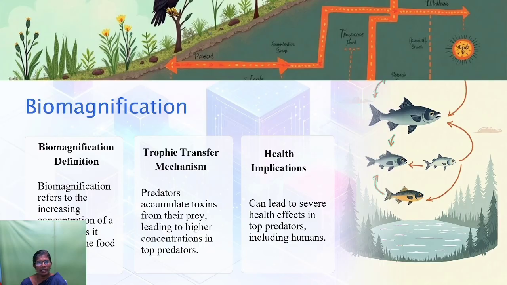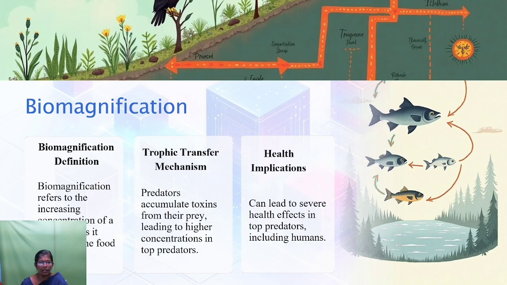And biomagnification is another term. Here it is defined as the increasing concentration of a substance as it moves up the food chain, that is from the lower living organisms to the higher living organisms. That is the trophic transfer mechanism.